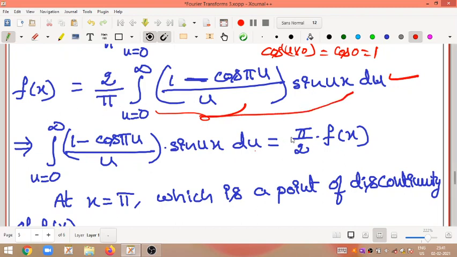The remaining 2/π is taken to that side, giving π/2 into f(x).